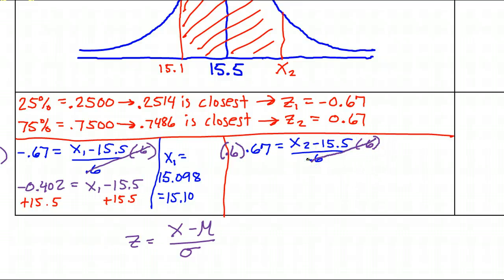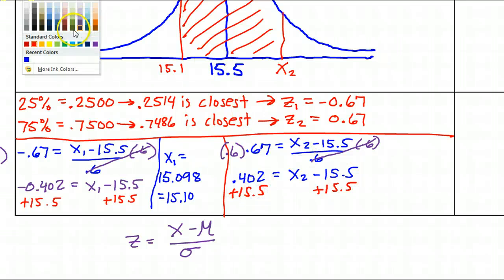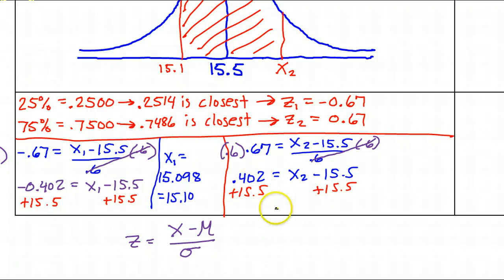So 0.6 times 0.67, that's giving me 0.402. So I've got 0.402 is equal to x2 minus 15.5. And then it's time to add 15.5 to both sides, and that's going to give me what x2 is.